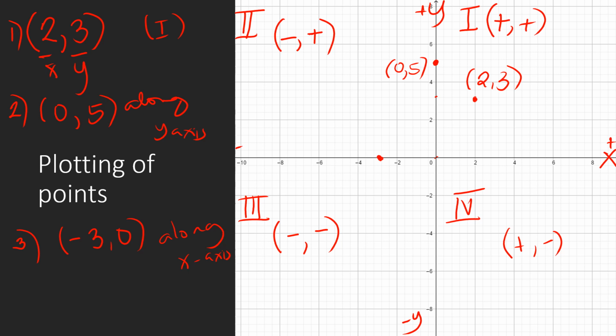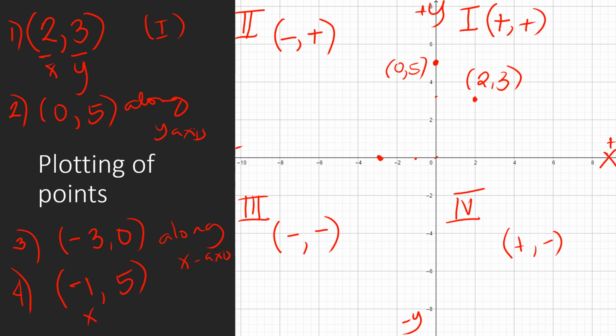Sige, isa pang example. Let's say, plot natin ang negative 1, 5. So, for your x, you have negative 1. Ito yun. And then, for your y, you have positive 5, which is this.